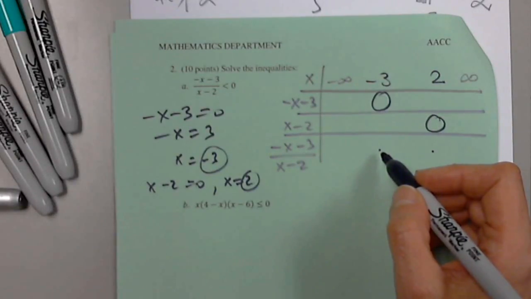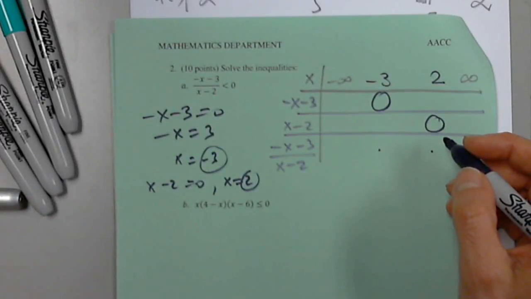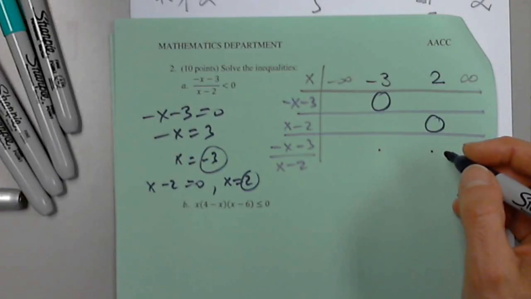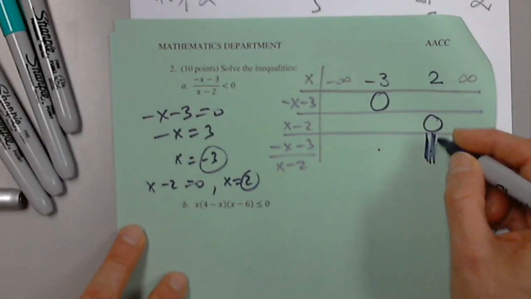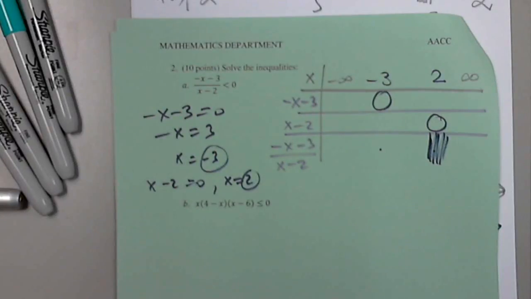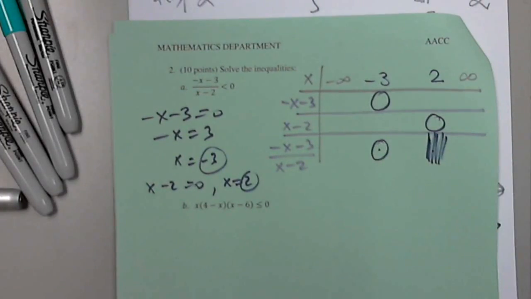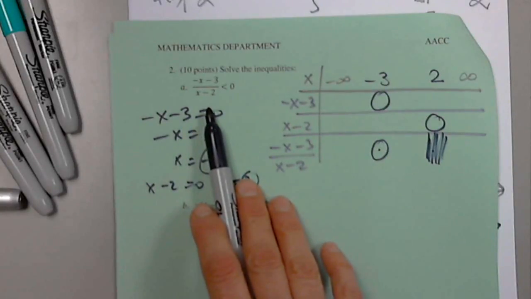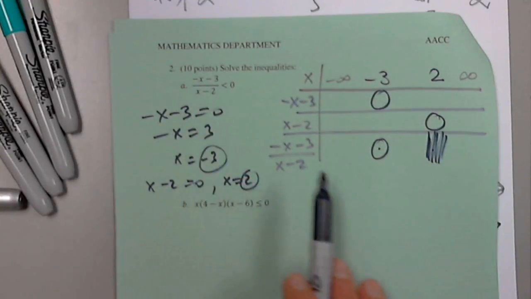At 2, you either say does not exist, or you say undefined. How come 2 is undefined? Exactly, 0 in the denominator. So what happens at -3? Because the numerator is 0. A fraction is 0 when the numerator is 0, and the numerator is 0 when x equals -3. When x is 2, the denominator is 0, so it's undefined.